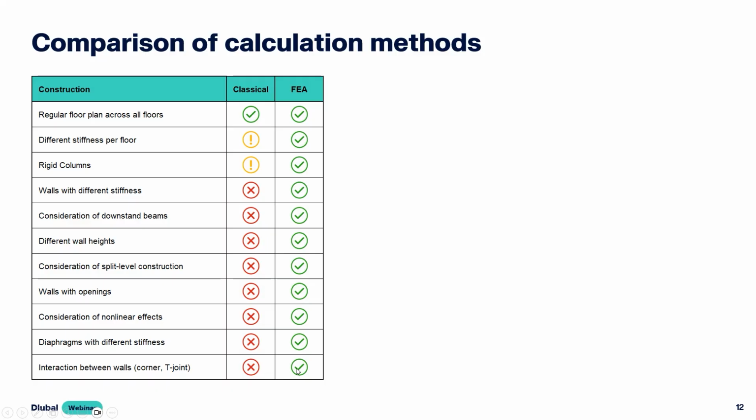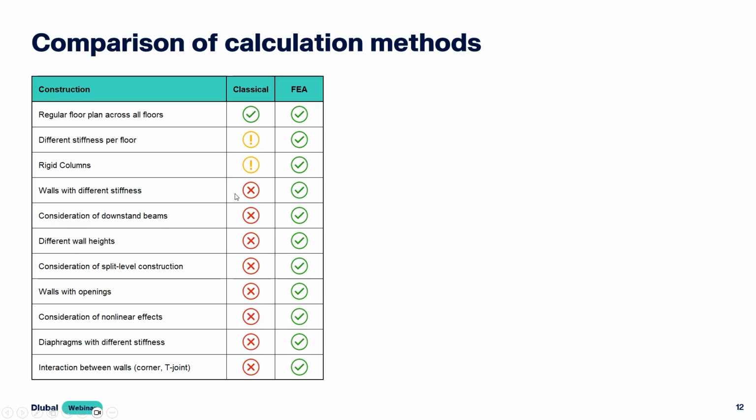With FEA approach, I mean when we use an approach where we do not calculate effective stiffness, what I did before in this example. This is our beam panel FEA approach. For example, rigid columns, not so common in timber construction, are challenging to consider in the classical calculation method.